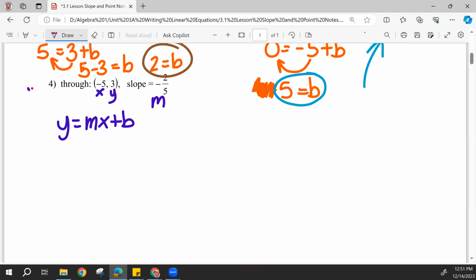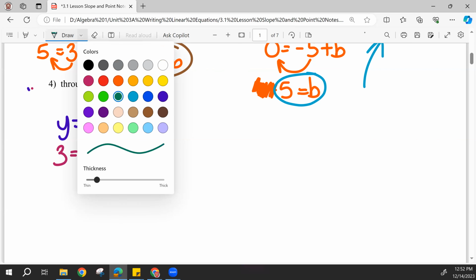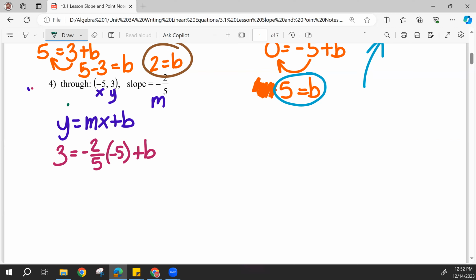So y is 3. I'll replace y with 3. M is negative 2 over 5. X is negative 5. I'll put that in parentheses. And then I don't know what b is, so I write plus b. Again, if you struggle with multiplying fractions, go ahead and use Desmos.